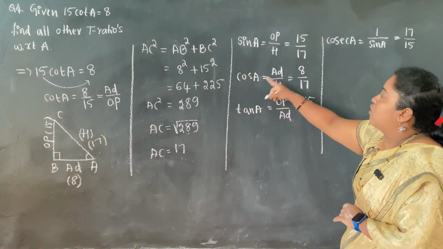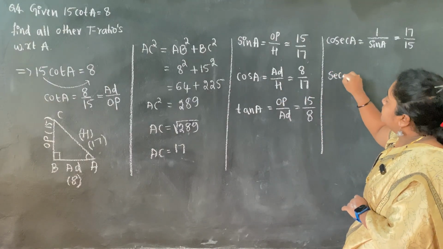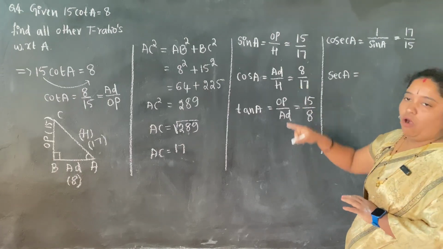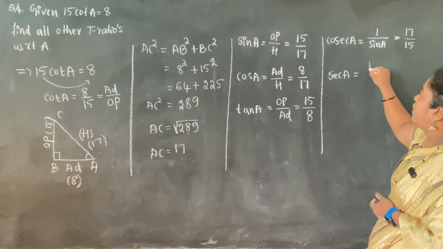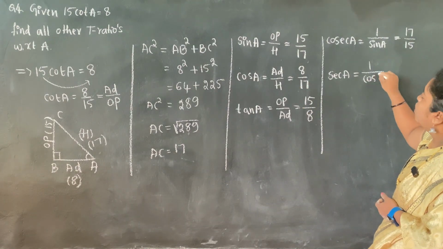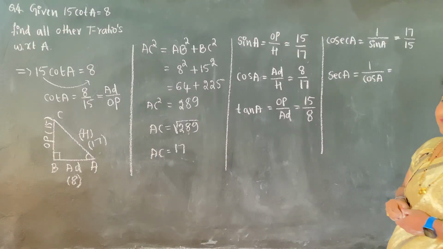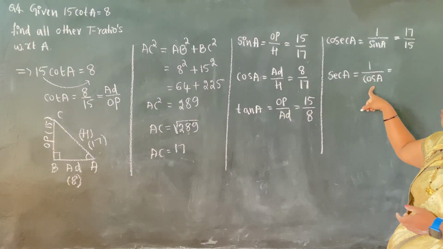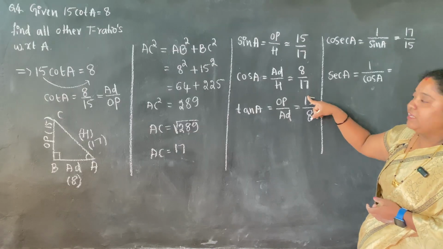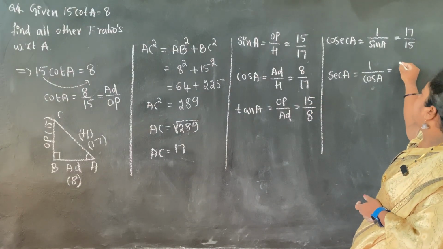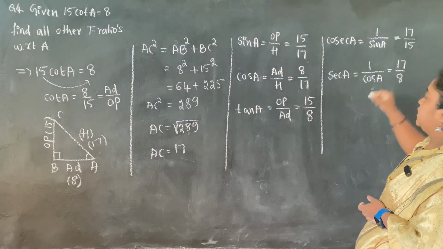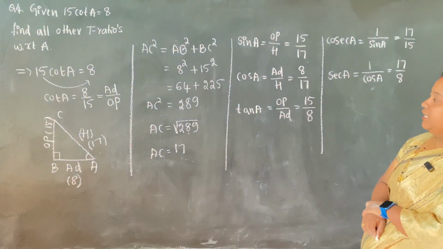After cos, you know that sec is the reciprocal of cos, and sec I can write as 1 divided by cos. If it is 8 by 17, then sec will become 17 by 8.